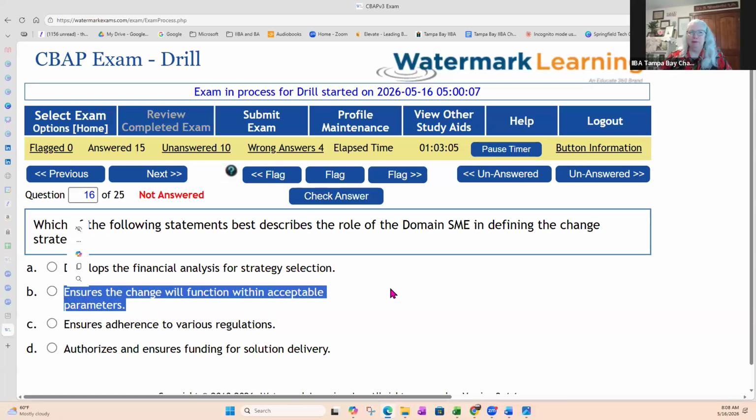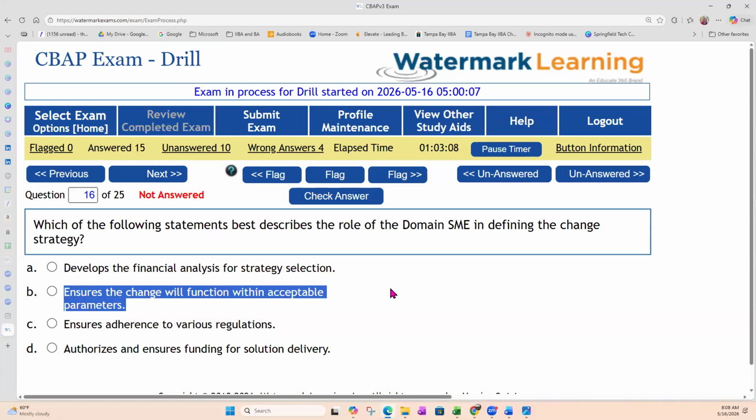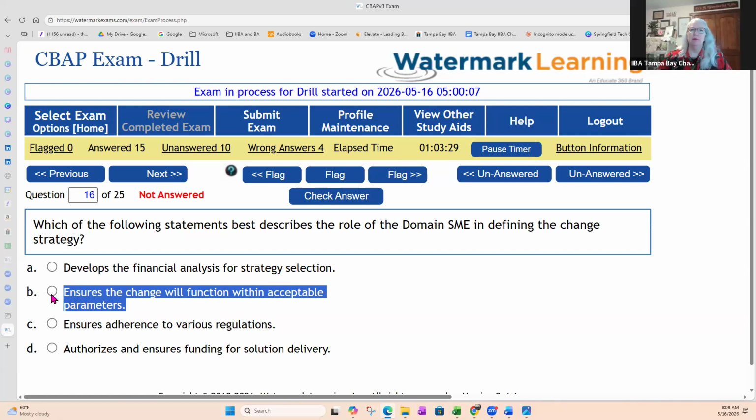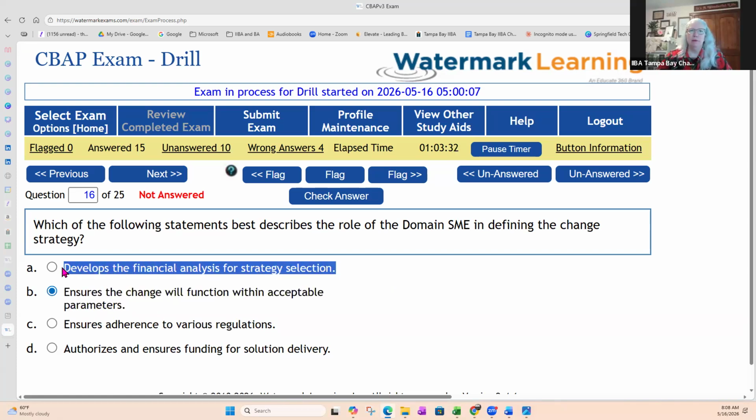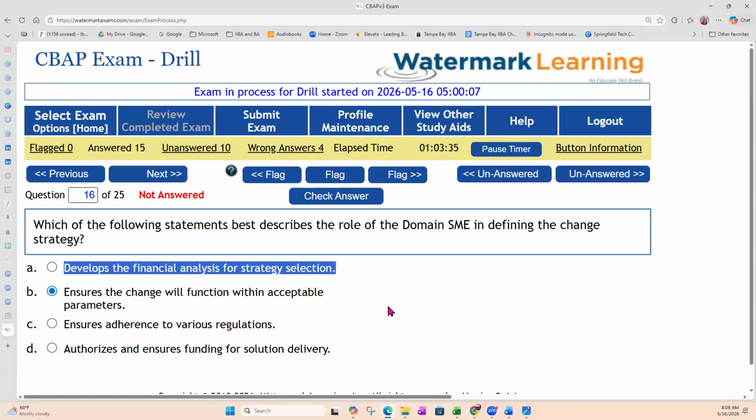Who does this job? Either a domain SME or someone from the development team, the developers. Okay, so this is a possibility. And who does this job? The domain subject matter expert.